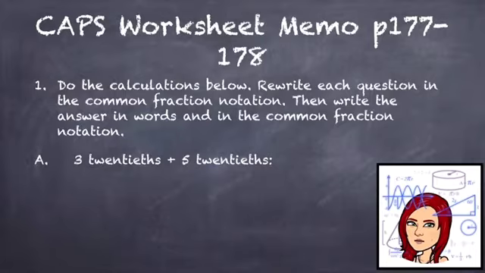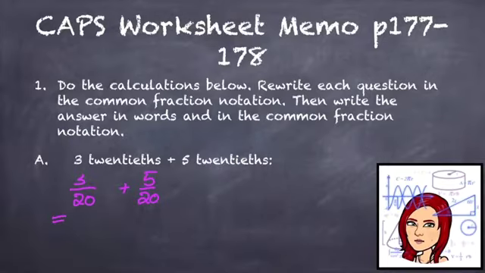Do the calculations below, rewrite each question in the common fraction notation, then write the answer in words and the common fraction notation. 3/20 and 5/20 is equal to 3 over 20 plus 5 over 20.